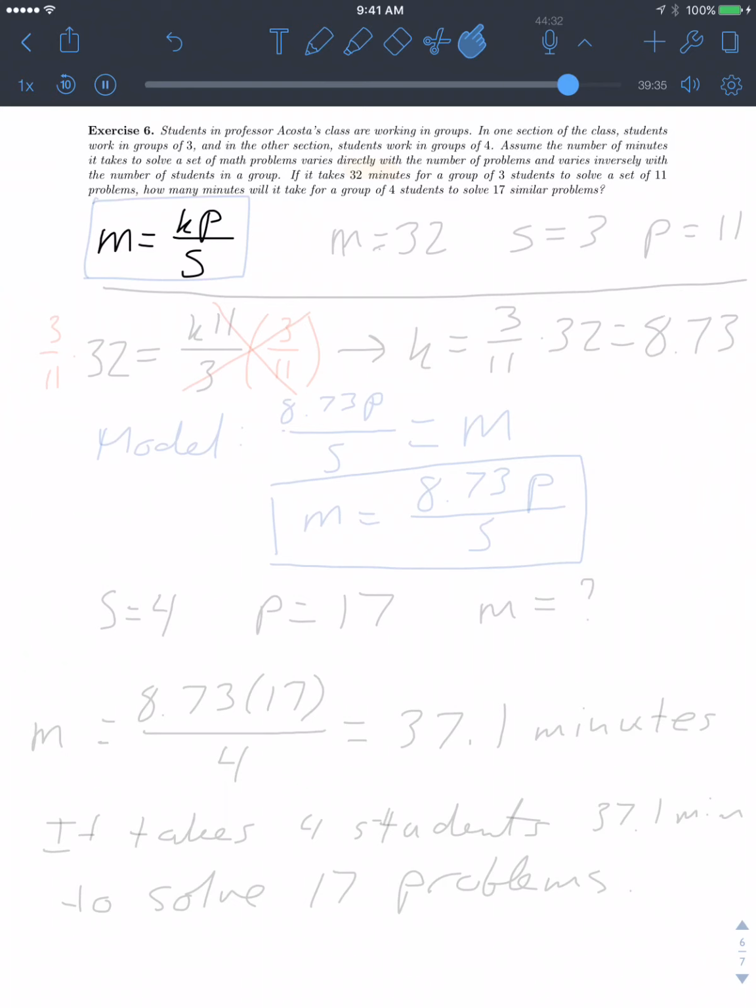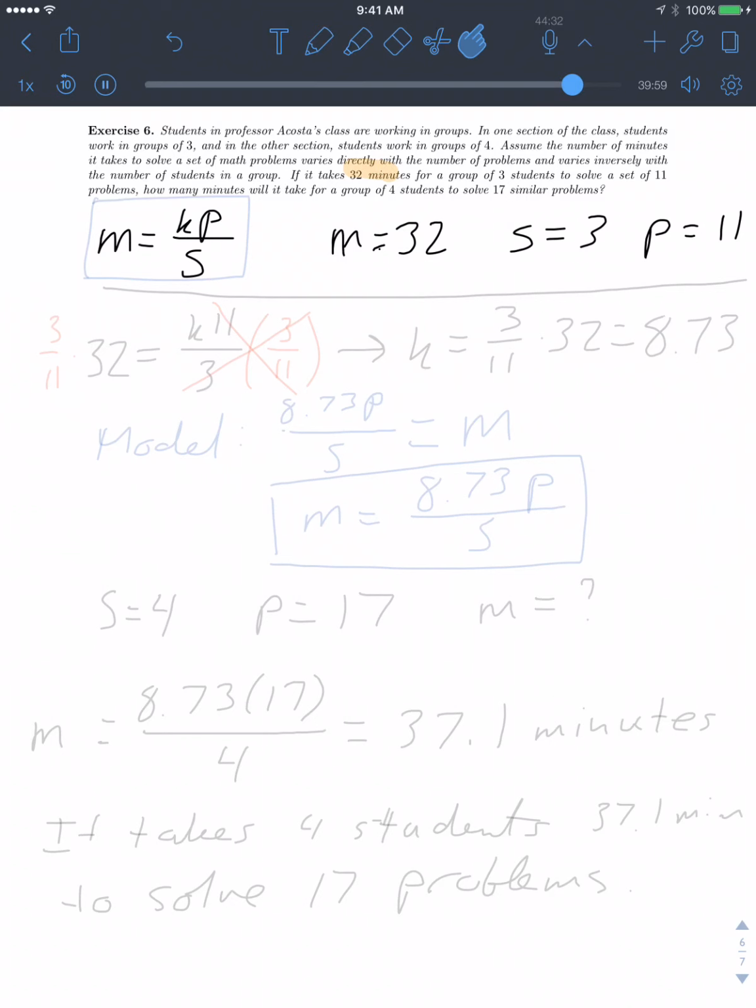So we are additionally told that it takes 32 minutes. So we have m equals 32, for a group of 3 students, so s equals 3, to solve a set of 11 problems. So p equals 11.